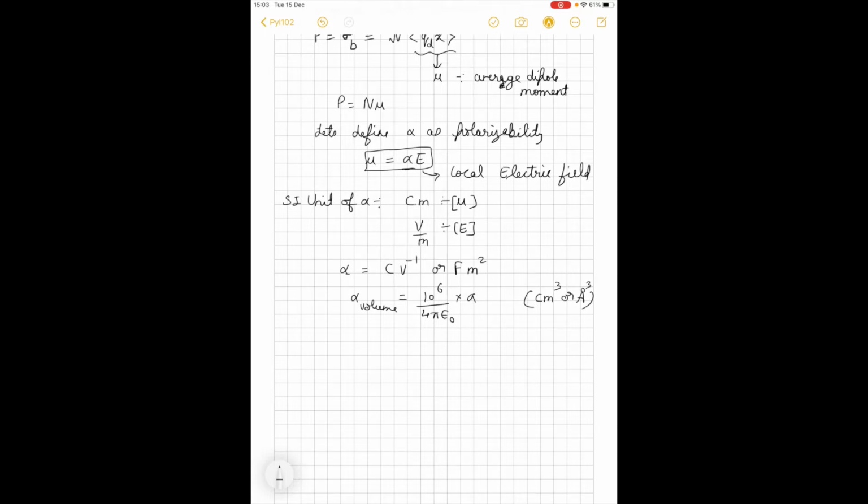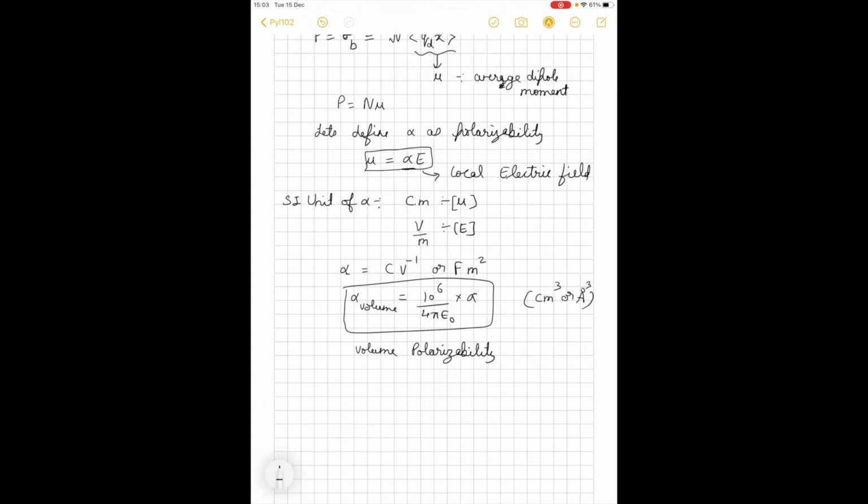This is the more used expression. This is called volume polarizability. Volume in the sense that it's distance cube.